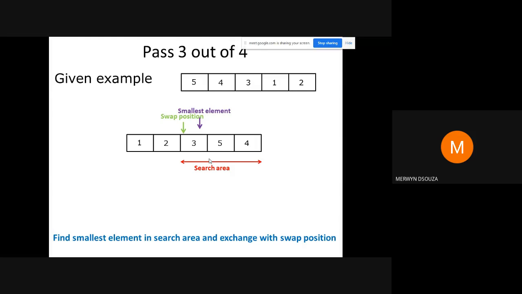Find the smallest element. Again, the swap position and the smallest element are the same, so after exchanging it will remain the same. There is no change, so you get the same output. This is your third pass.